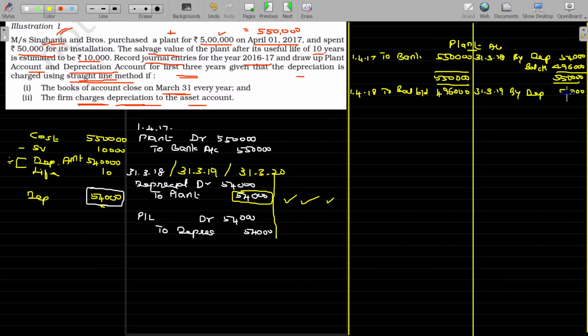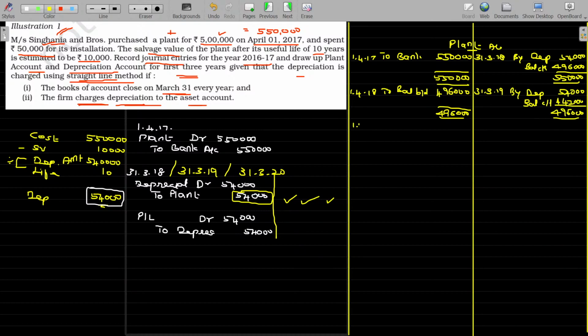Every year the balance of the asset is decreasing because of usage. The value loss being 54,000 in this year. So year after year I am subtracting 54 to find the closing balance. So 4,96,000. Now the balancing figure to be transferred here, balance carried down, 4,42,000.